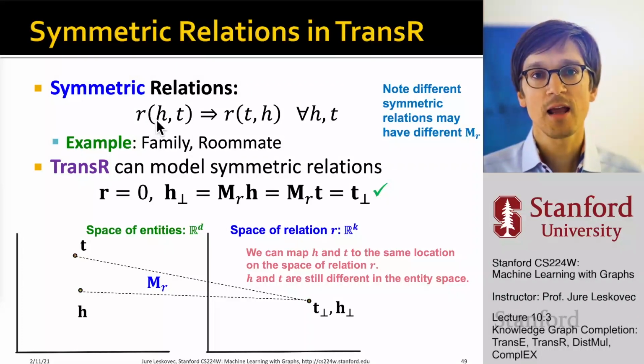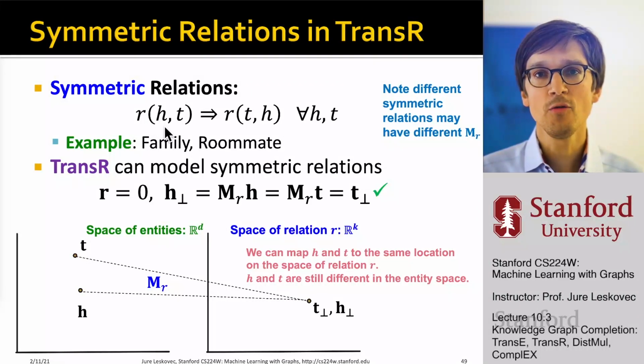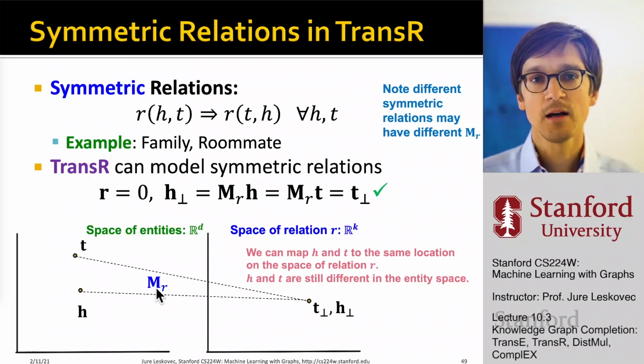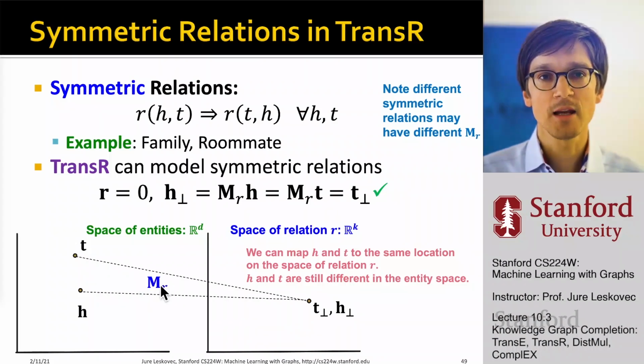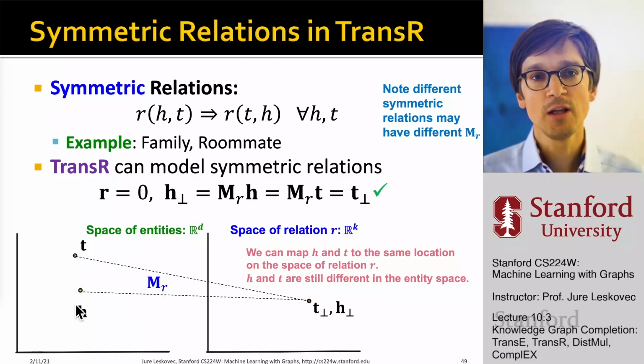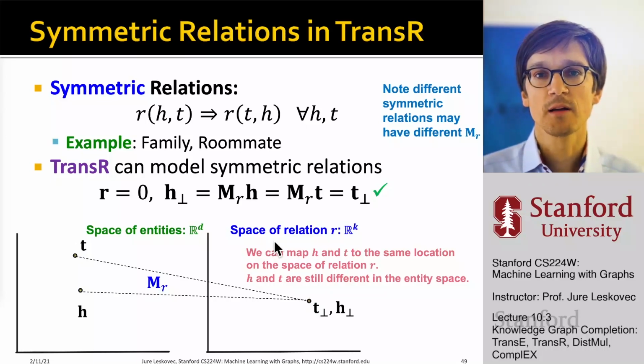Because imagine a symmetric relation like roommate, reciprocated. Then I can learn a roommate-specific projection matrix M that will take two different points and map them into the same underlying point in the relation-specific space.